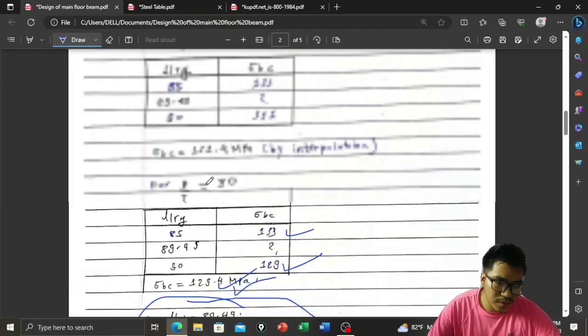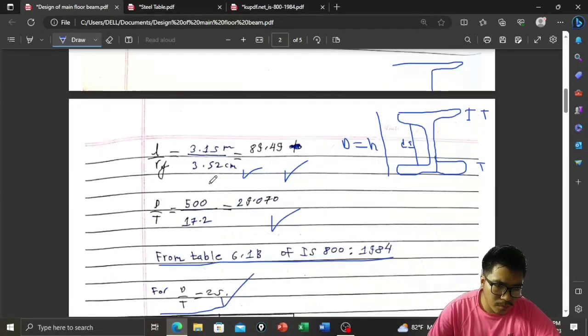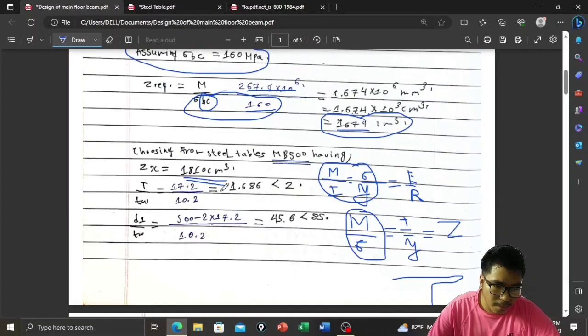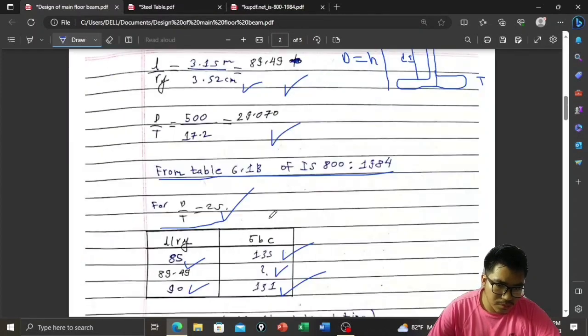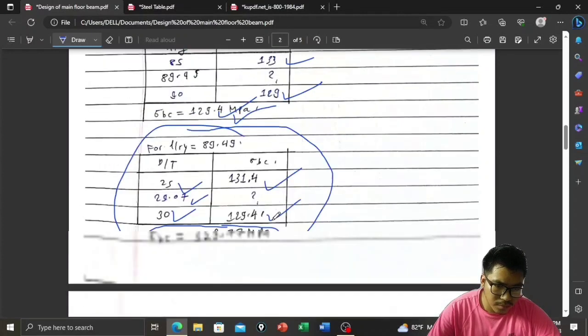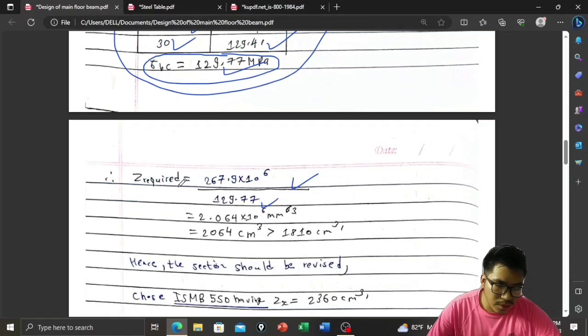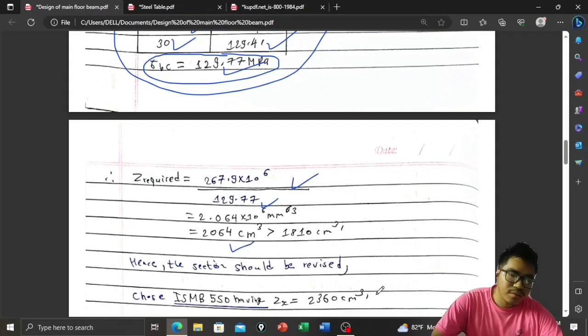For this I section, the Z was 1810, but the required should be 2064, so the section should be revised.